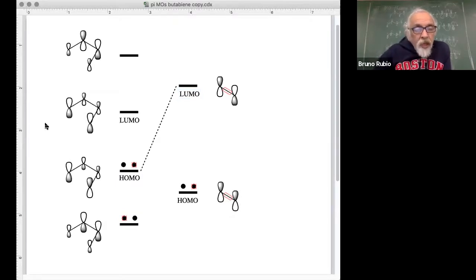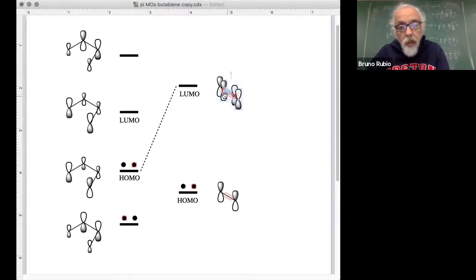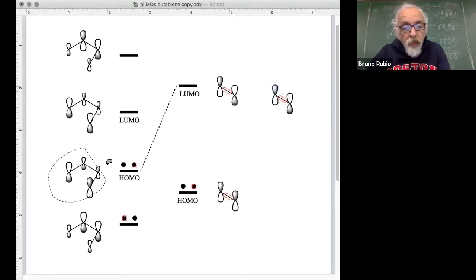And maybe you can see that this lobe here of the LUMO is going to interact with this guy down here, the HOMO.